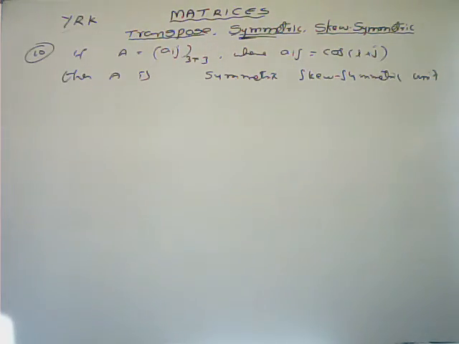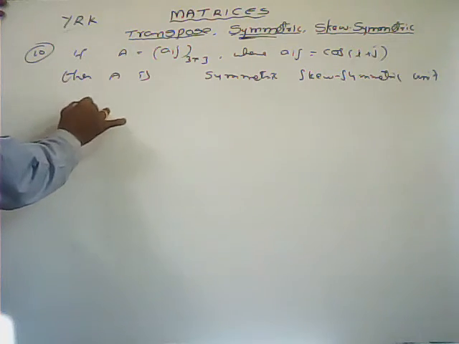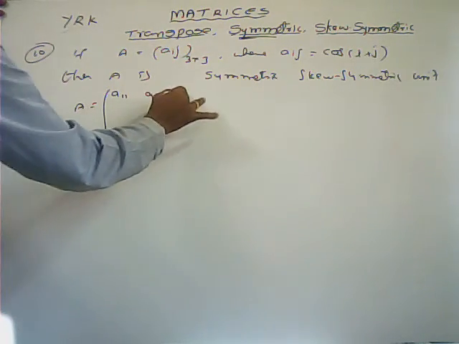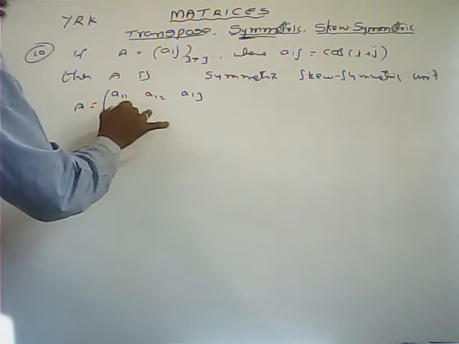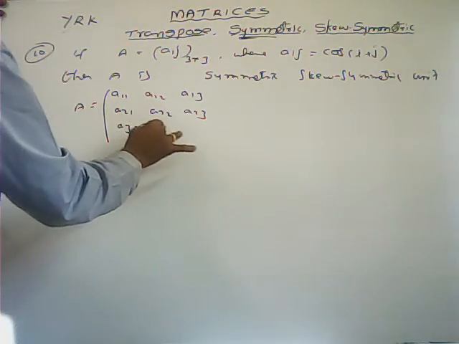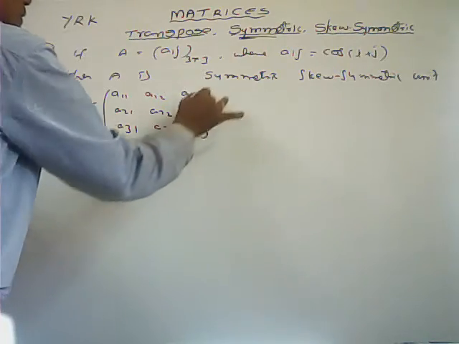One more. Here A is equal to Aij, a 3 by 3 matrix, where Aij equals cos of i plus j. Then for the 3 by 3 matrix, I am taking first A11, A12, A13, A21, A22, A23, A31, A32, A33.